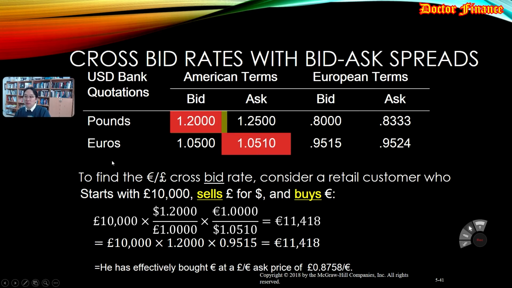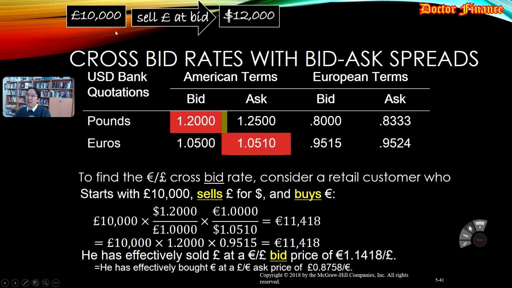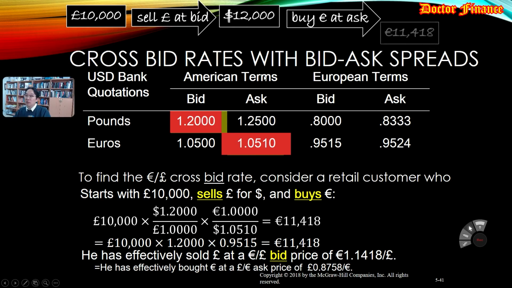So let's go one by one. You start with 10,000 British pounds, sell at bid, you get 12,000 US dollars, and buy euro at the ask rate, which is dividing this by the ask rate of 1.05 dollars per euro.